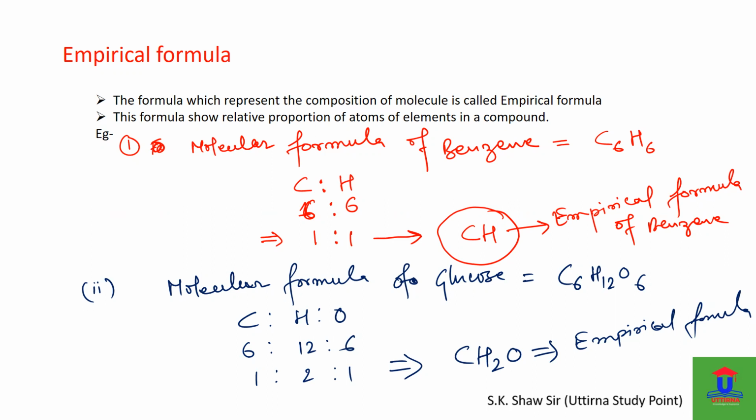And then from the molecular weight and empirical formula, we calculate the molecular formula itself. So in experiments, to calculate molecular formula, this empirical formula is very much important. And that is why this topic is included in your syllabus. That is how to calculate empirical formula and molecular formula. Is it clear?